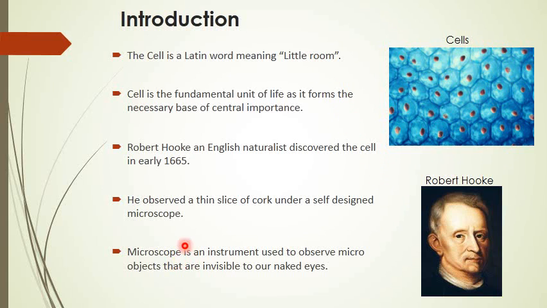What is a microscope? A microscope is an instrument used to observe micro objects that are completely invisible to our naked eyes. When I say micro objects, there are two things, micro and macro. Micro objects are those which are very minute and tiny, not visible to our eyes, for example bacteria, viruses and many other microorganisms.